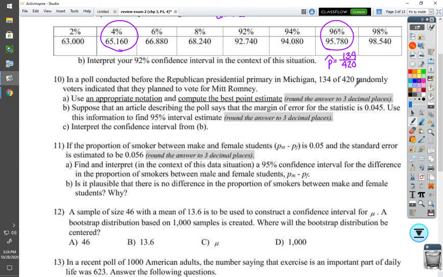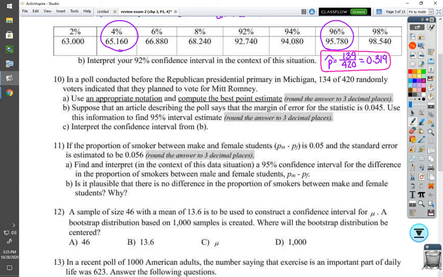When I do the calculation, that's 0.319. That's my point statistic for this question. Use appropriate notation and compute the best point estimate. That's the one I just did. So p-hat equals 0.319.